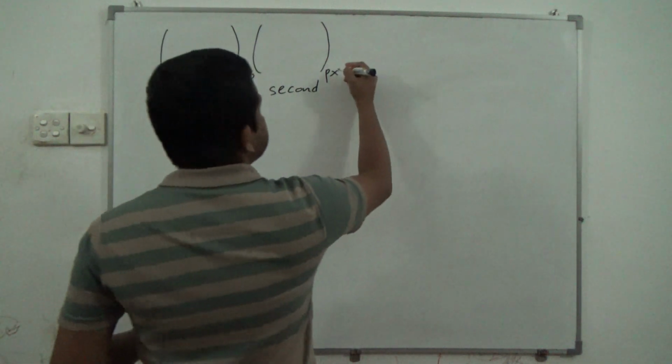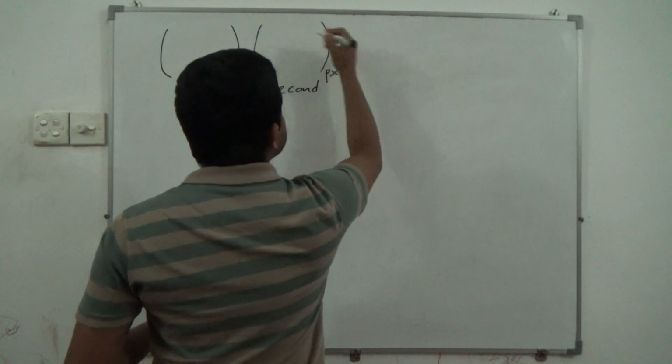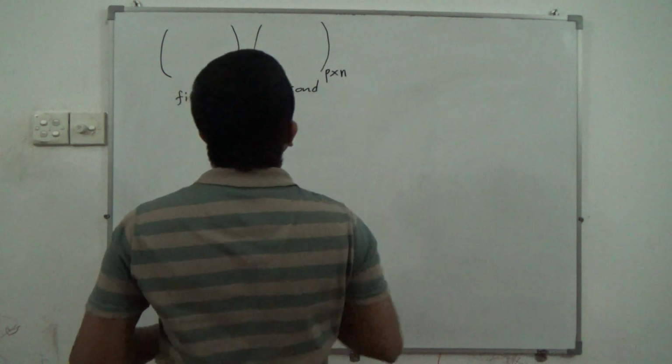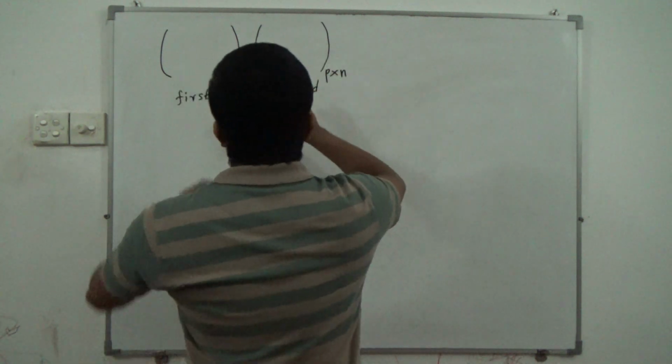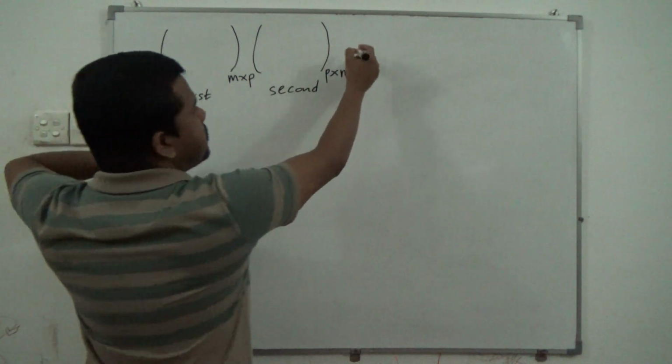So, let's take the number of columns of the second matrix as n. Now multiplication is defined.